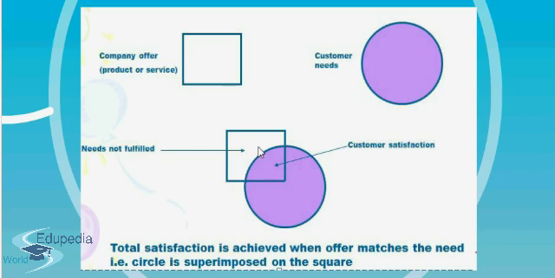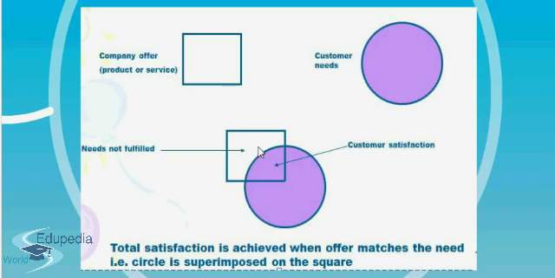So in that way, the customer, represented by a circle here, will not be happy, will not be satisfied. The ideal state would be the square encircling the whole of the circle.